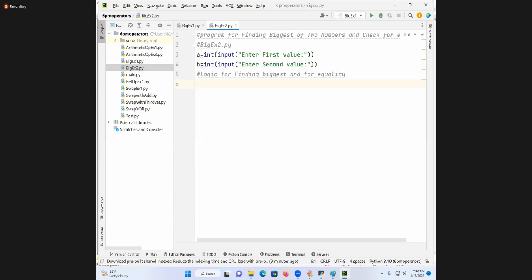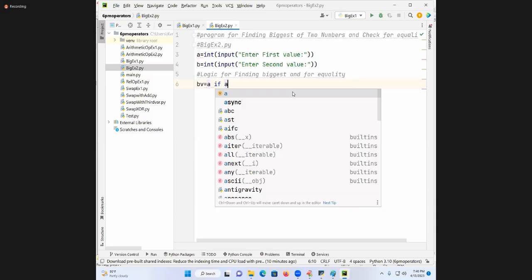Now 10 greater than 5, that is 10, A. 10 greater than 20, B. What is the answer? 10 greater than 10: neither A nor B. What is that? Equal. Now I am writing: big value is equal to A.